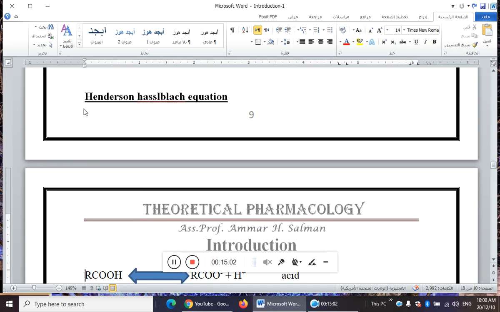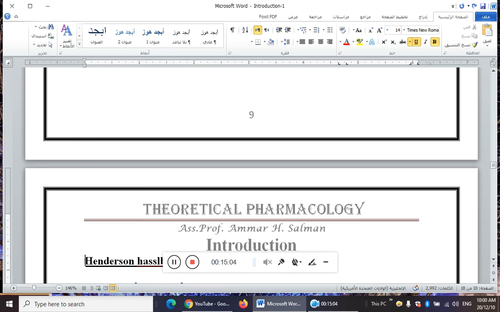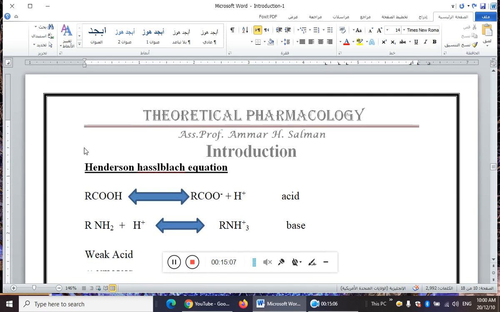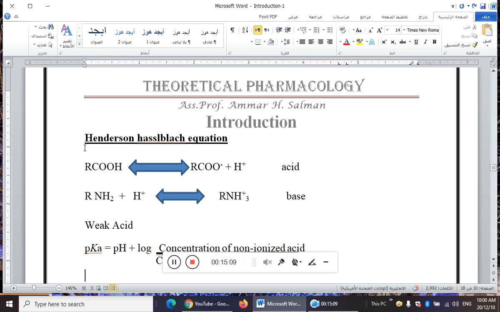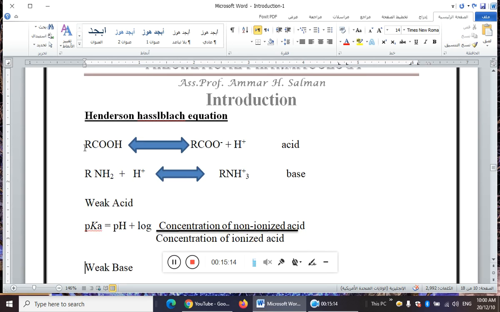From the above, we get the Henderson-Hasselbalch equation. The Henderson-Hasselbalch equation means that in acid, the acidic material will lose hydrogen and become ionized, while in base, the base material will get hydrogen and become ionized.